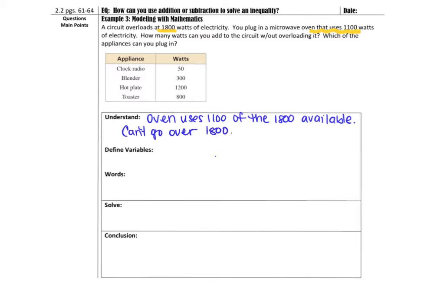Next, we're going to define our variables. Because it's talking about watts of electricity, I'm going to use W to represent additional watts you can add to the circuit.